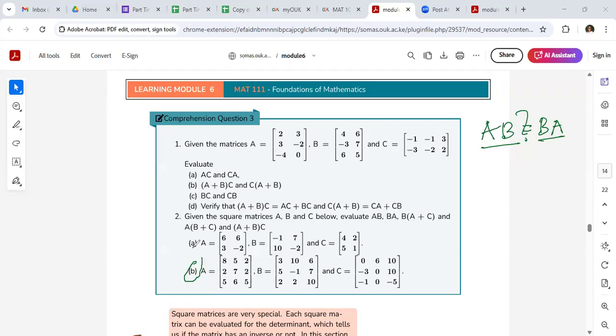I need to write it down so that I can enter. The first is 8, 5, 2, 2, 7, 2, 5, 6, 5. The other one is 3, 10, 6, 5, -1, 7, 2, 2, 10. So let's put this on Maxima and see how it behaves.